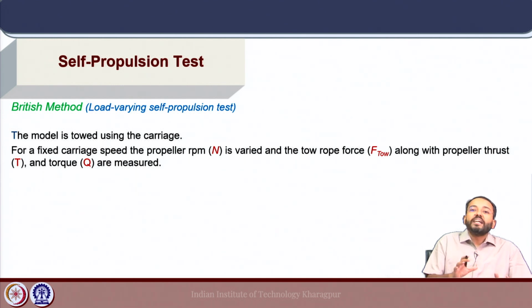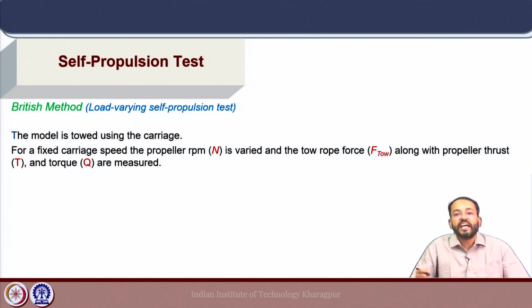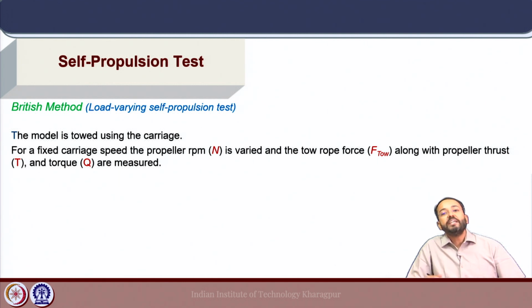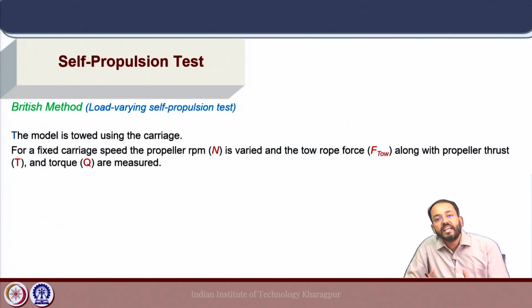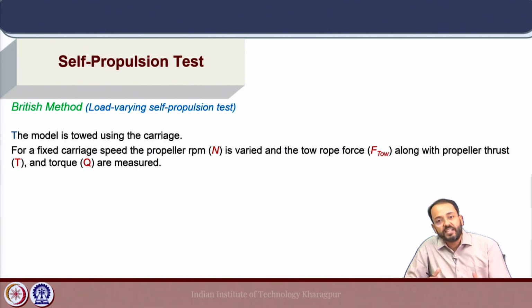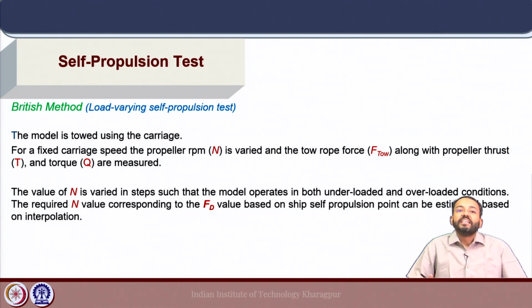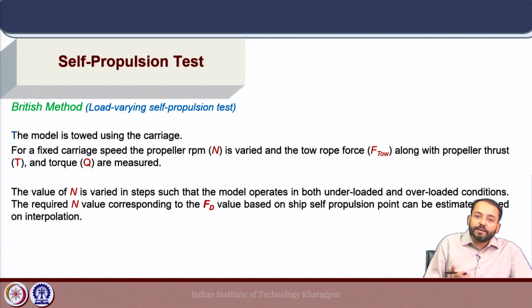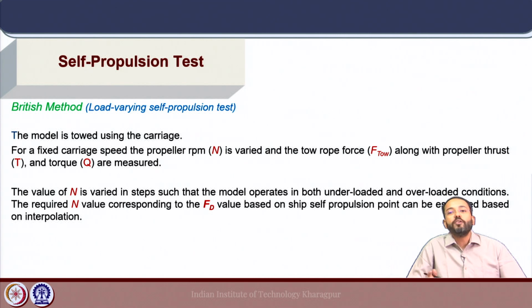So, here instead of a specific RPM, the propeller RPM is gradually varied in steps, and for each case the tow force, or the force exerted at the resistance dynamometer, is measured, and the value is varied in steps in such a way that the model operates in both underloaded and overloaded conditions.